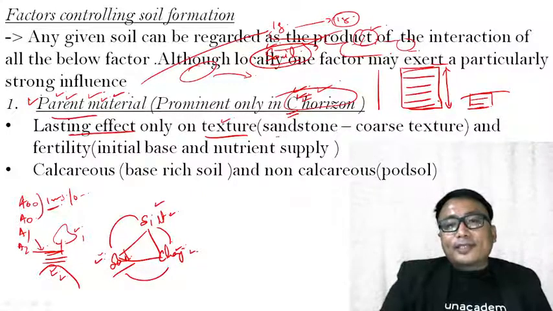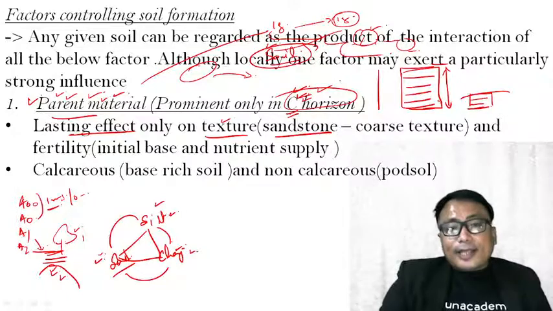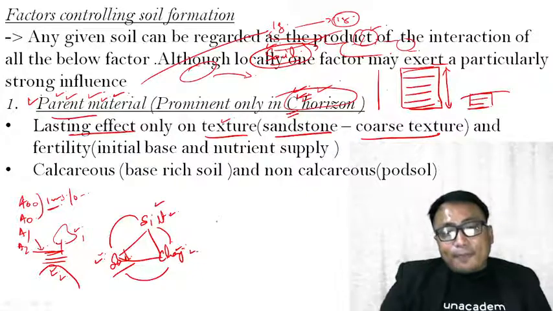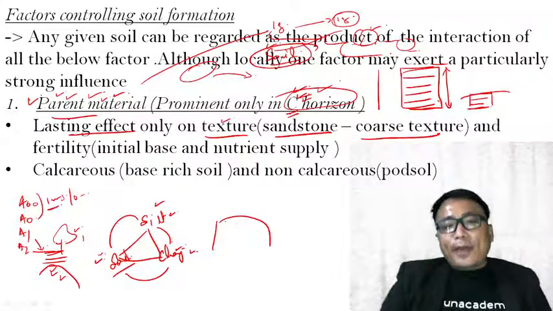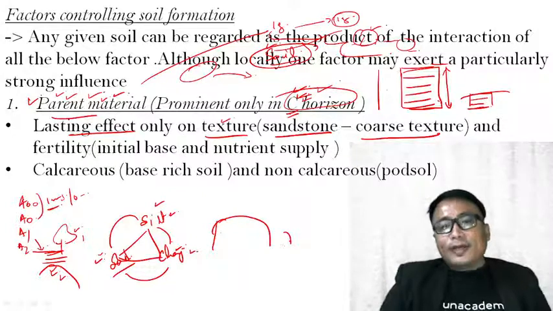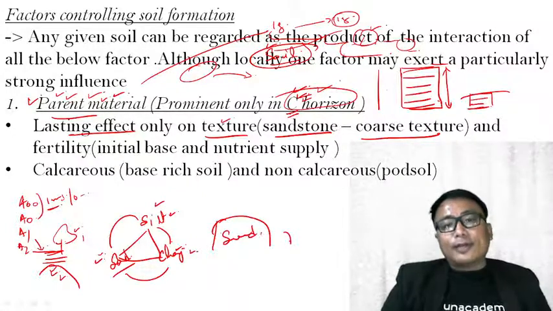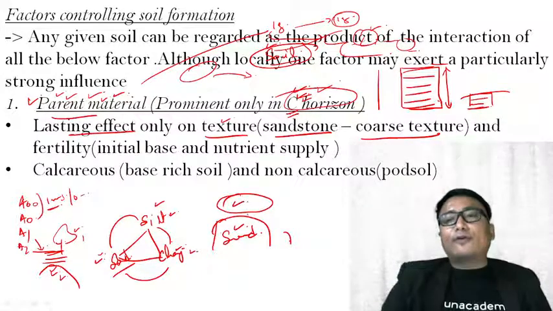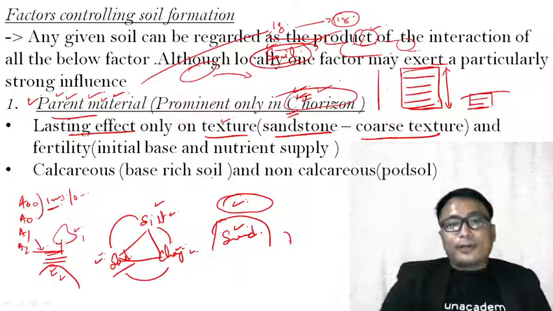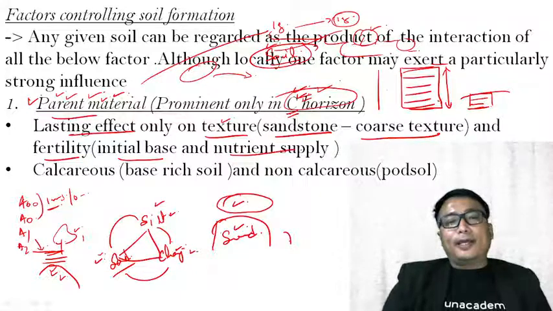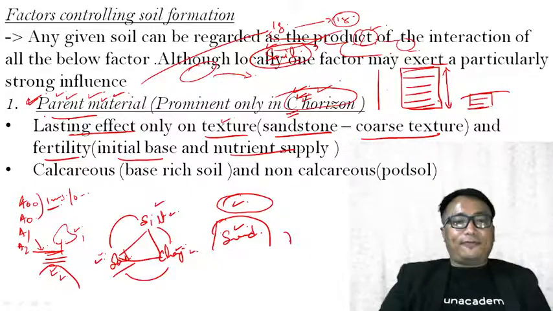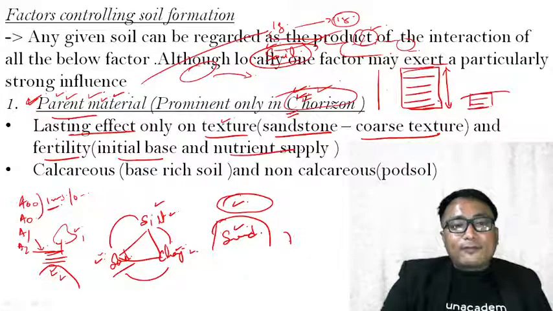If the parent rock is a sandstone, the soil derived from this parent rock will have a coarse texture. And fertility, that is the initial base and the nutrient supply: the parent rock has a long lasting effect on the texture and the fertility.